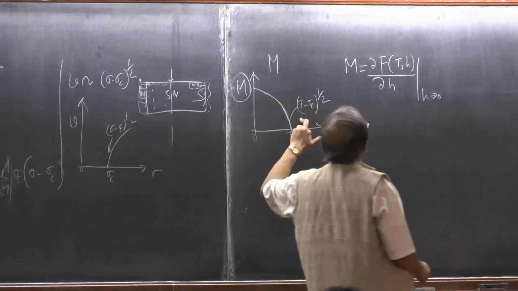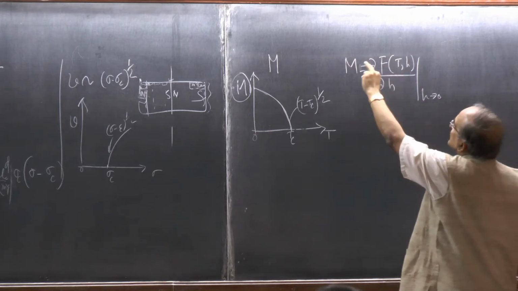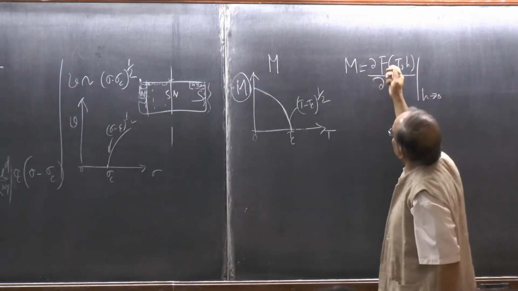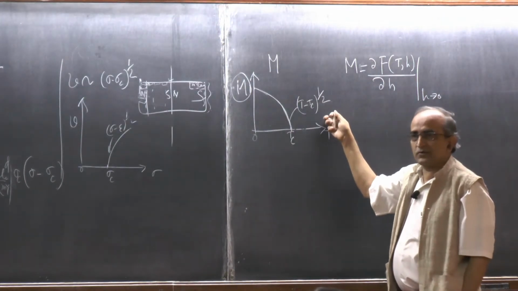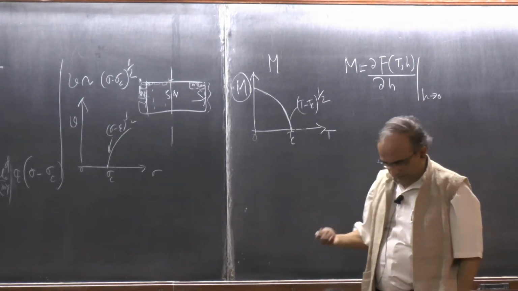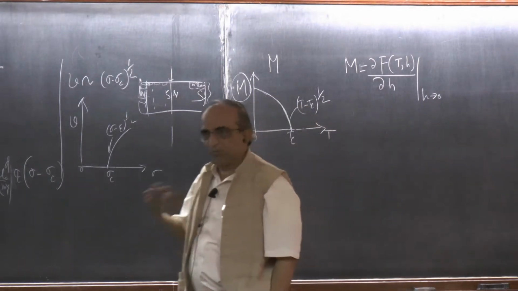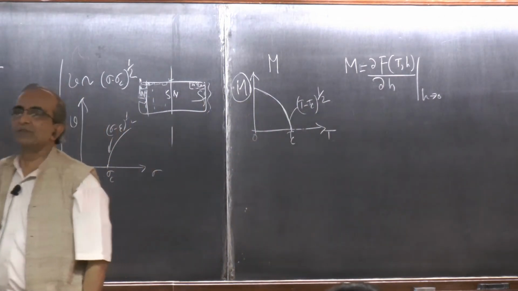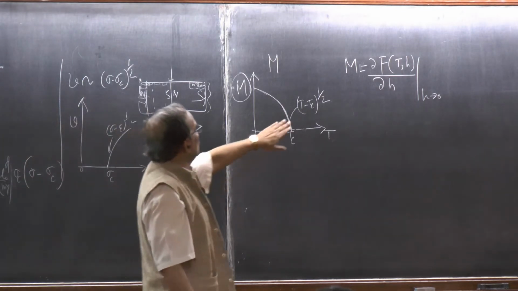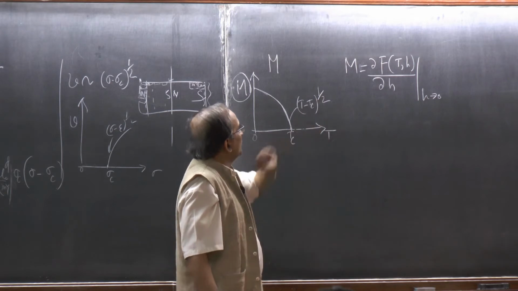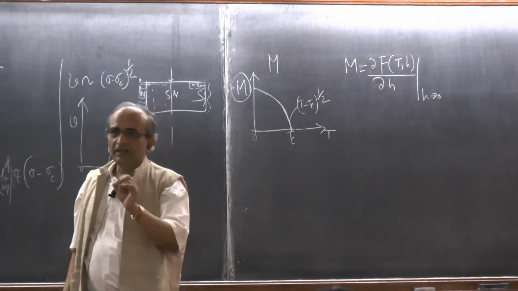So now if I go back to free energy, if I take some derivatives with respect to temperature, the free energy derivative with respect to temperature will give me entropy, and then I can go to some kind of specific heat. If nothing else is there, then there would be a kind of non-analyticity coming.